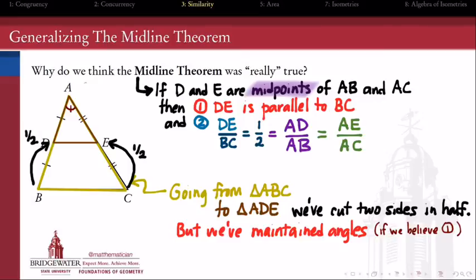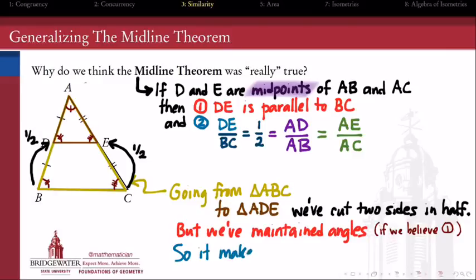And if we believe point 1 of the midline theorem, that DE is parallel to BC, then we have all of those important parallel line and transversal theorems that will guarantee for us that the alternating angles are also congruent, so that the angle at B is congruent to the angle at D, and the angle at C is congruent to the angle at E. So in the process of halving two sides of this triangle, we've also maintained all of the measures of the angles in these two triangles.